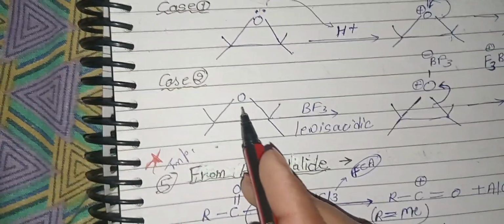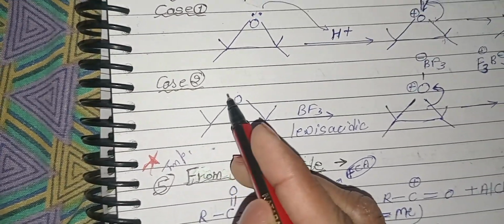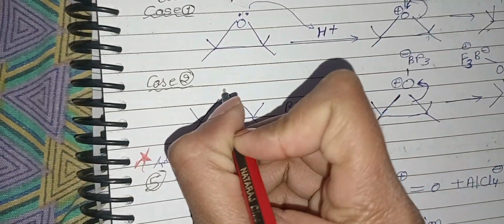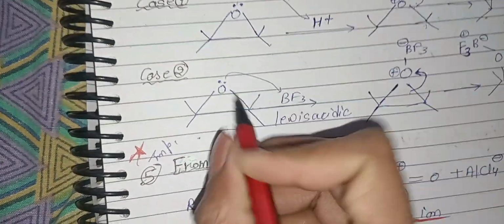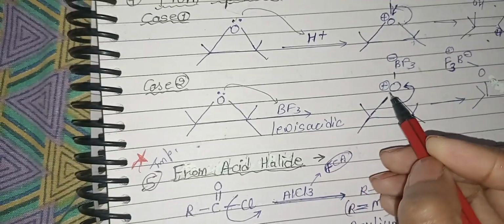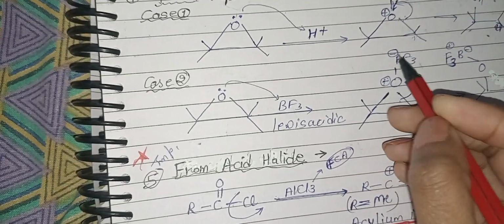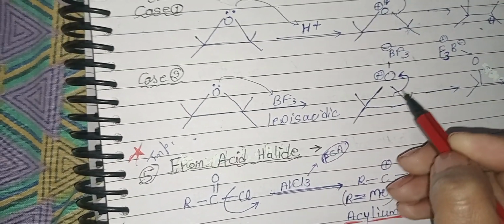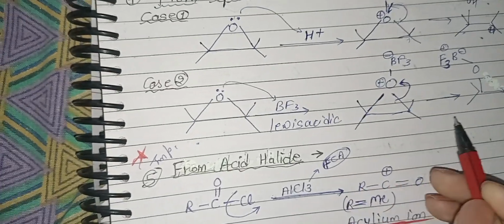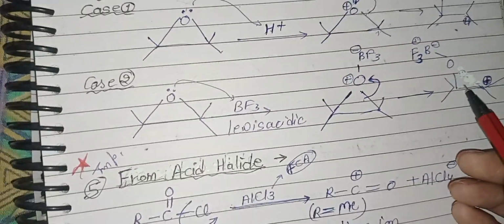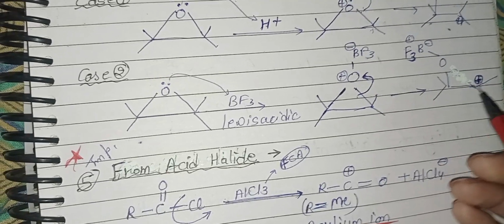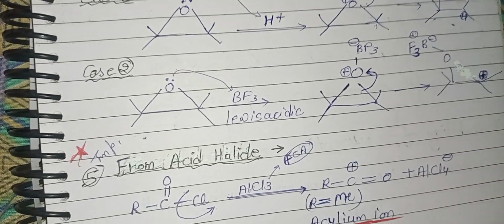Second case, the same with a Lewis acid: we get BF3 here, and we get this compound plus and this negative. Now this bond will break and shift to here, and this is the final product we got. This is the carbocation.